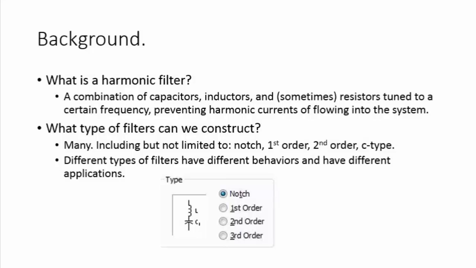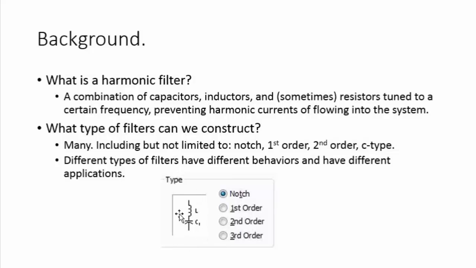Instead, harmonic currents will flow into the filter. Now, what types of filters can we construct? Many, many types. What we see the most in power systems are the notch filters, first order, second order, and C-type filters. You can even have multiple harmonic frequencies in one filter. There are many interesting papers in the IEEE Explorer about multiple frequency filters, but they are far beyond the scope of this webinar.